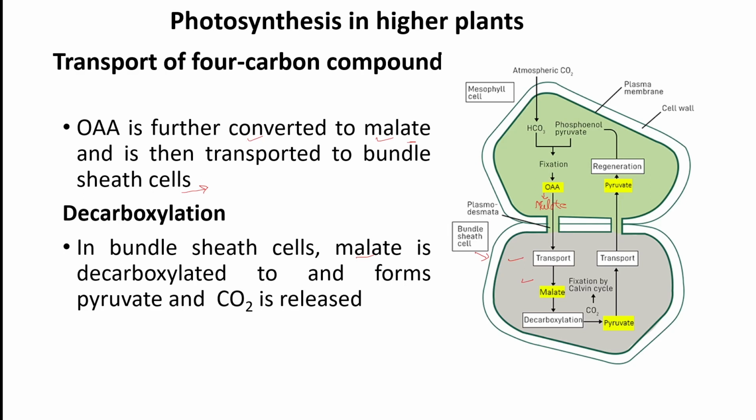This decarboxylation of malate results in the formation of a 3-carbon compound, pyruvate, and carbon dioxide is released in the process. Here you can see in this diagram, malate is decarboxylated and a 3-carbon compound, pyruvic acid, is produced, or you can say pyruvate.